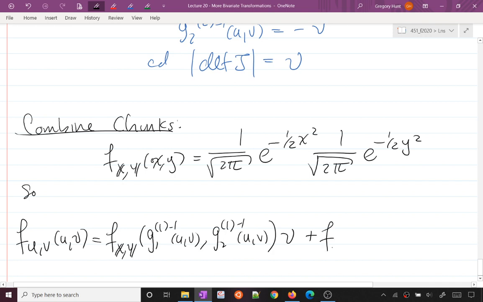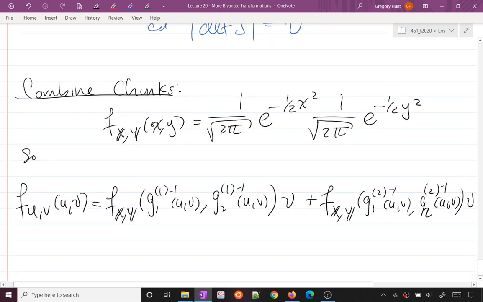Then we add on the part for chunk 2, which is g1 on chunk 2 inverse of (u,v) and g2 on chunk 2 inverse of (u,v). We also multiply by v because that's the Jacobian determinant.